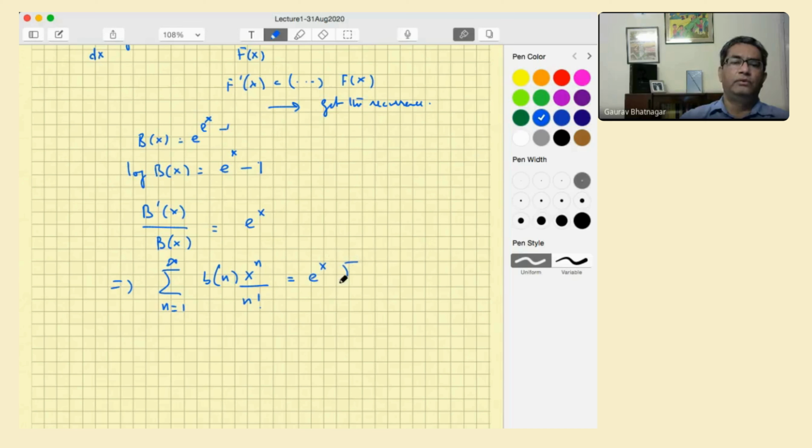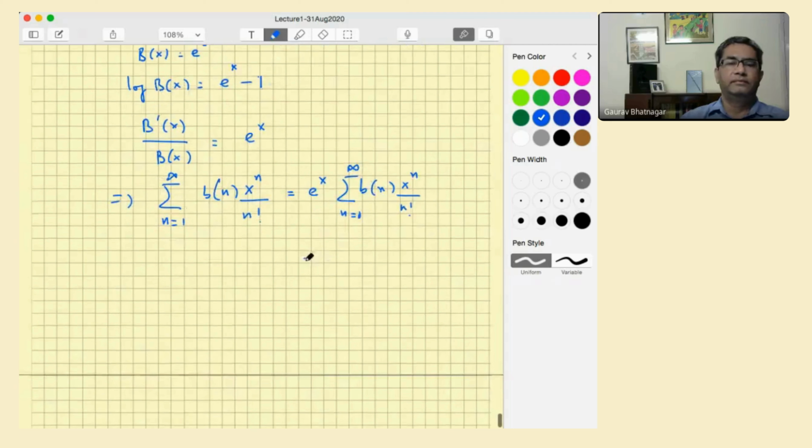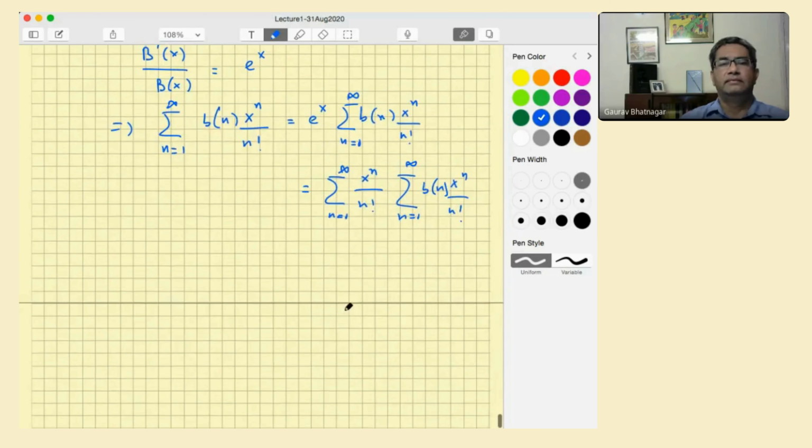And this is equal to e raised to x times the sum of b of n x to the n over n factorial, with n going from 0 to infinity. So this right hand side is x to the n over n factorial, and so let's compare.